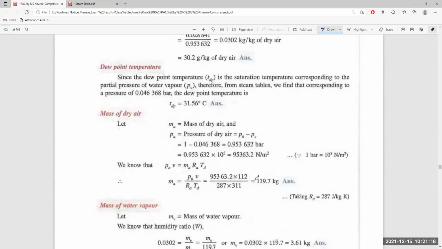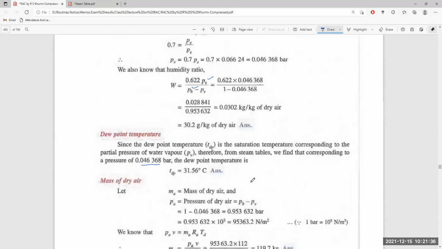Then dew point temperature. This is the saturation temperature corresponding to the partial pressure of water vapor from the steam table. The partial pressure of water vapor we have calculated as 0.046386 bar.